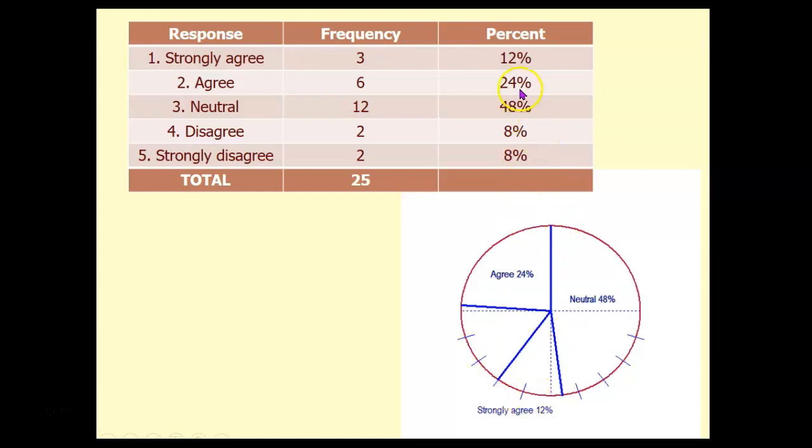So that's 12% there for the strongly agree section. And then the other two are both 8%. So what I have left in this section here is 5, 10, 15, 16. If I draw that and divide it exactly in half, like that, then each half would be 8%.